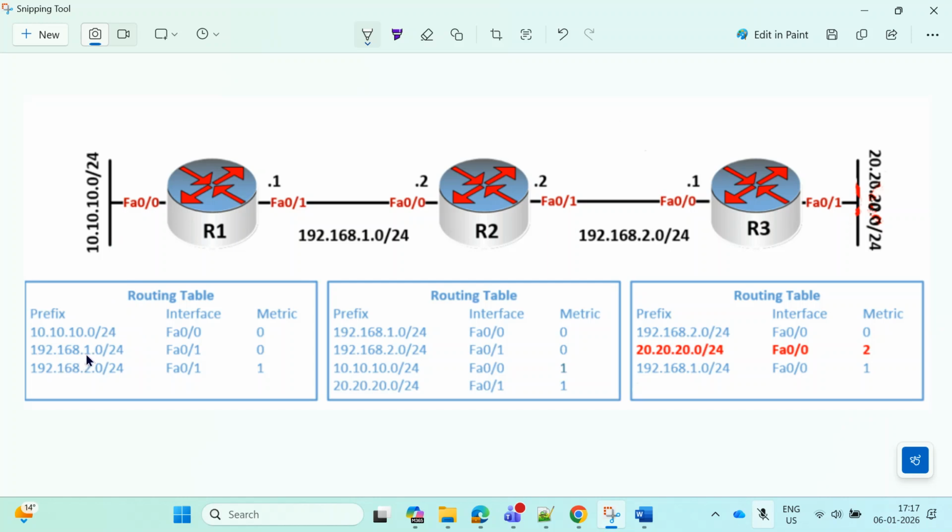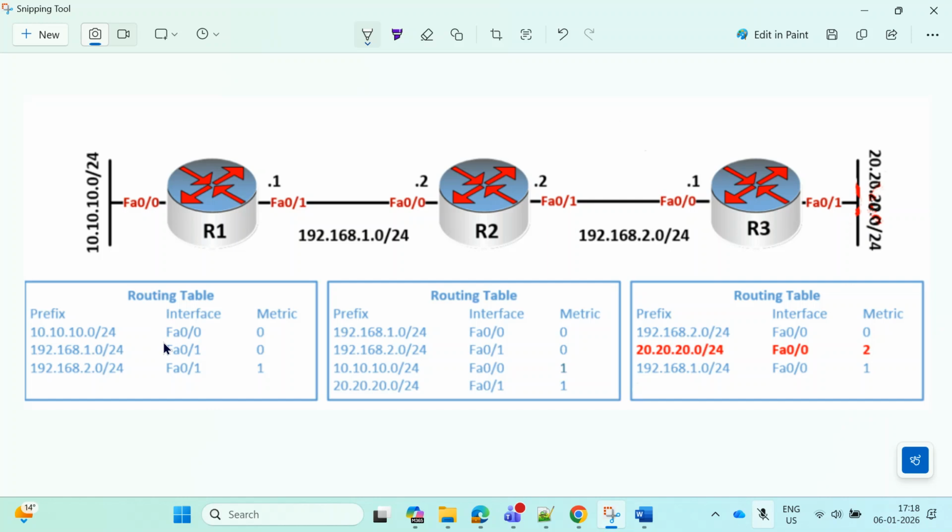And 192.168.1, which is between R1 and R2. And you can see 192.168.2 is between R2 and R3, which is also directly connected to R2. That is why we are getting all these three routes. But you can see the 20.20.20 route is not here.